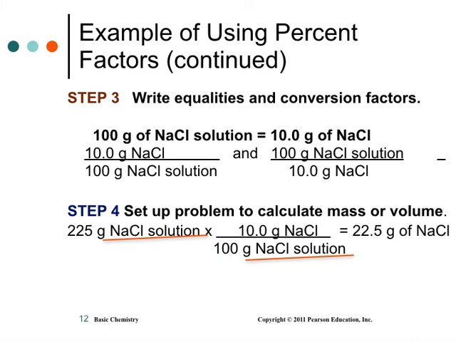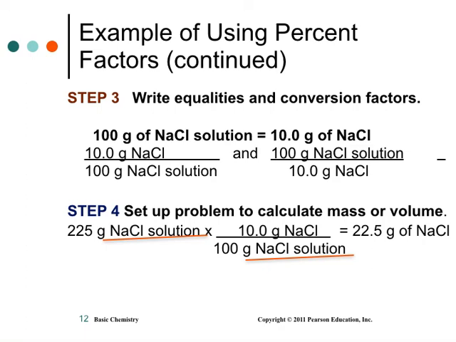Now, the book did it a little bit differently, and I like this too. They're using kind of a ratio. They say if it's 10% by mass, then for every 100 grams of solution, you're going to have 10 grams of solute. That's what 10% means. 10% of the total mass is the solute and 90% is the solvent.